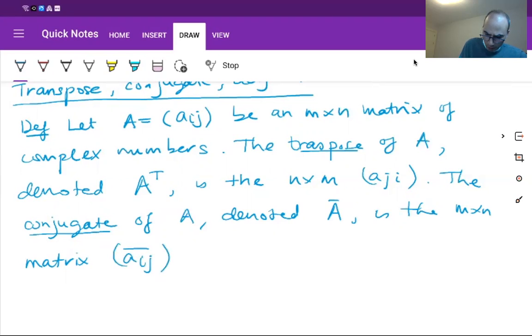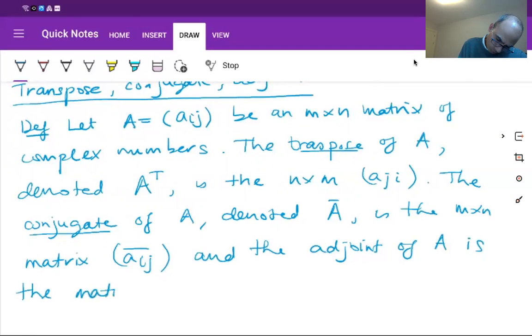This is the complex conjugate of the entry Aij. And the adjoint of A, we'll denote it A star, you take the conjugate and the transpose of A to obtain it.